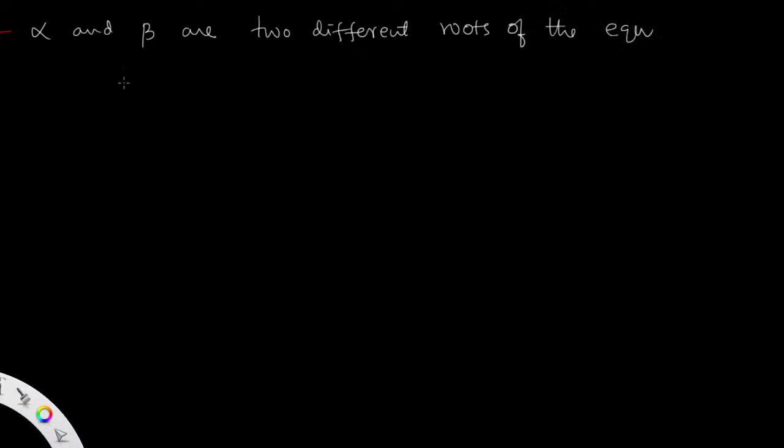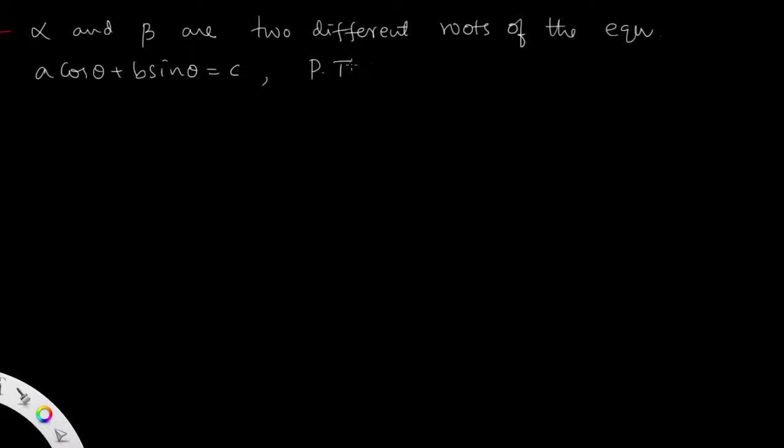The question is like this: alpha and beta are two different roots of the equation a cos theta plus b sin theta equal to c.